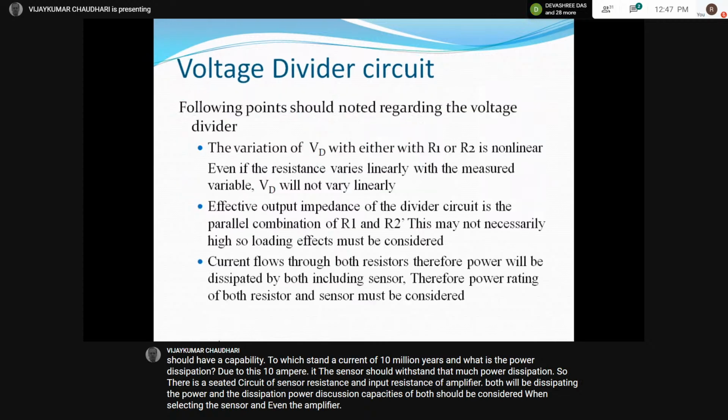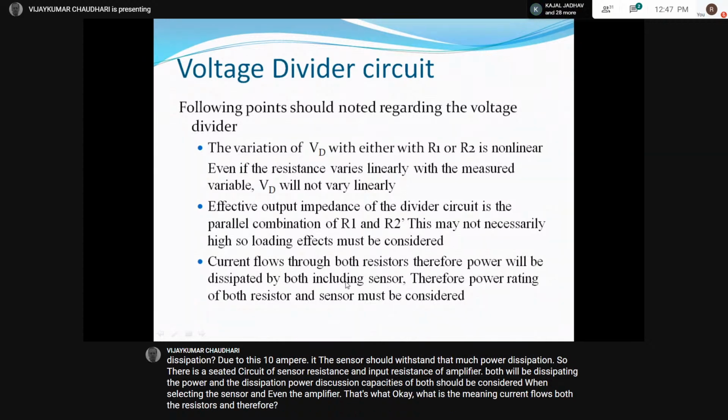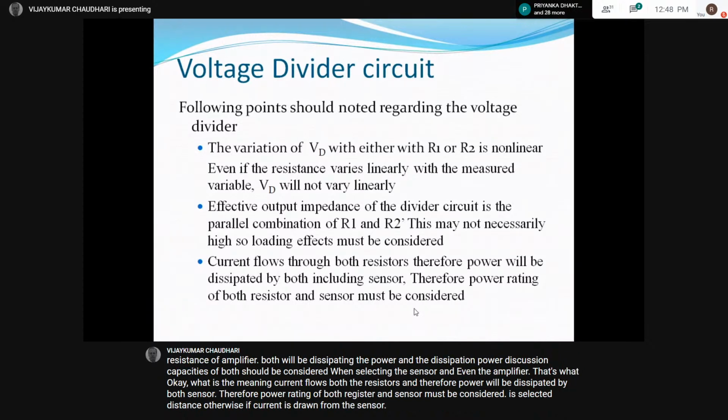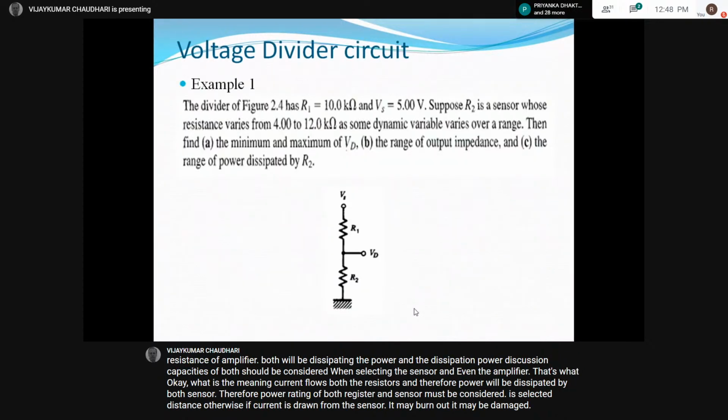That's what it means. Current flows through both the resistors, and therefore power will be dissipated by both, including the sensor. Therefore, the power rating of both resistor and sensor must be considered while selecting the sensor. Otherwise, if more current is drawn from the sensor, it may burn out, it may be damaged.